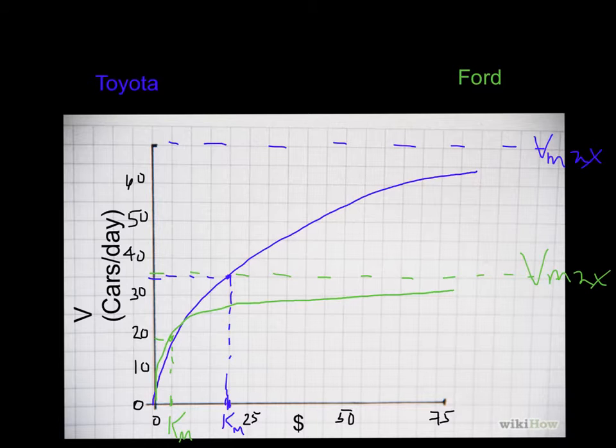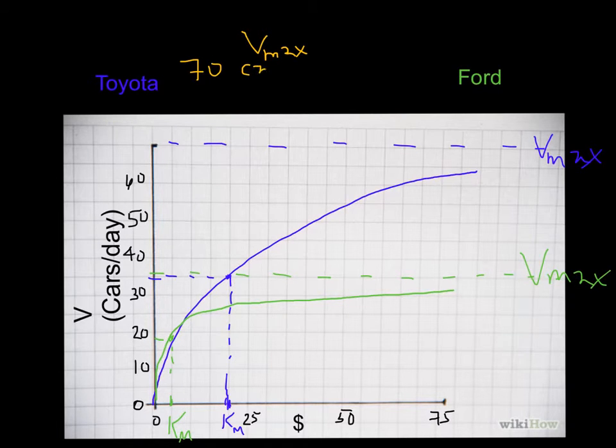So to figure that out, we need to figure up the Vmax for each of these. So that will be the top number first. So the Vmax for Toyota is 70.